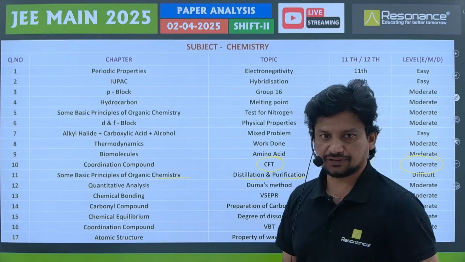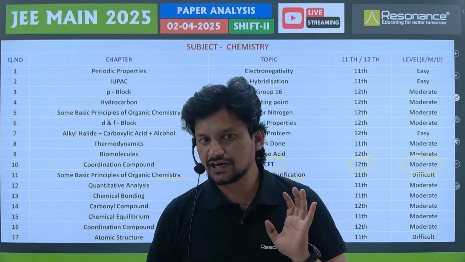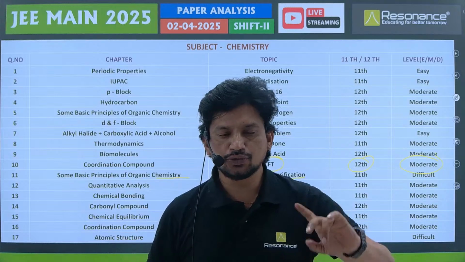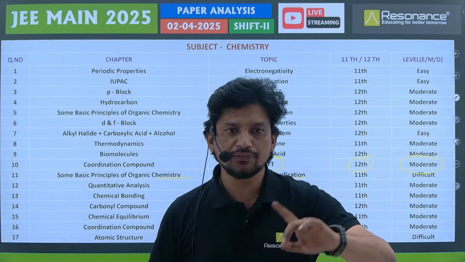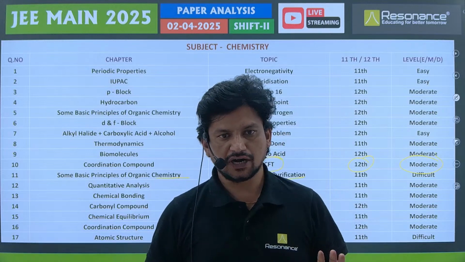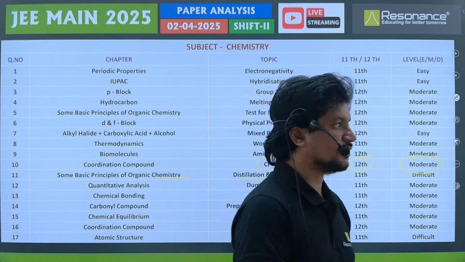There is a condition. That component should be steam volatile and that component should be immiscible in water. Then only we can separate the component from water by using steam distillation.